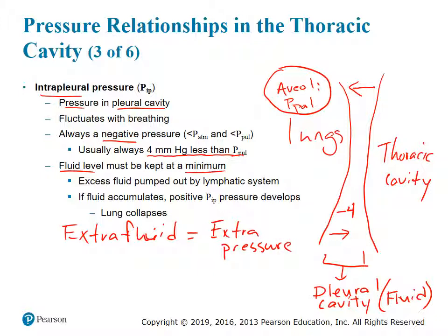And who's responsible for the fluid balance there? The lymphatic system. There are actually lymphatic capillaries there that are in charge of pulling out that fluid. If the pressure becomes positive, not negative, then pressure develops so much that the lung can collapse.